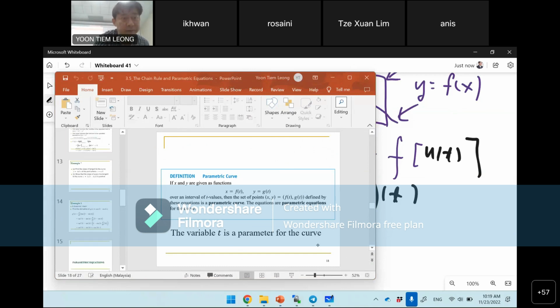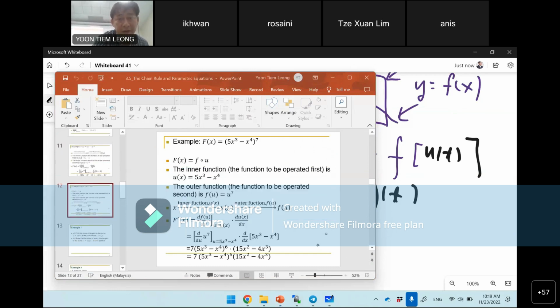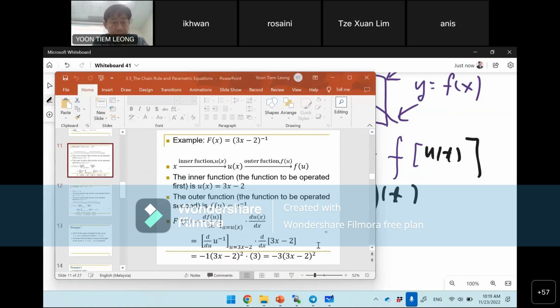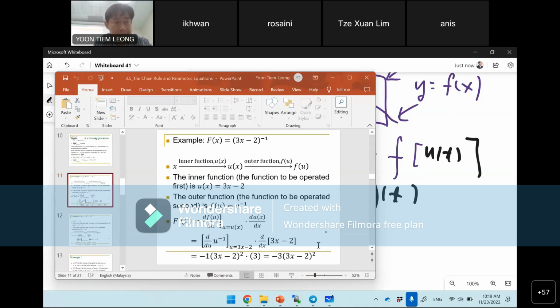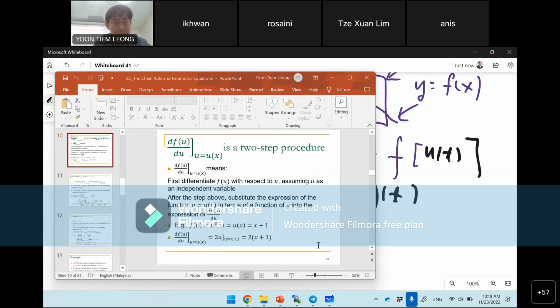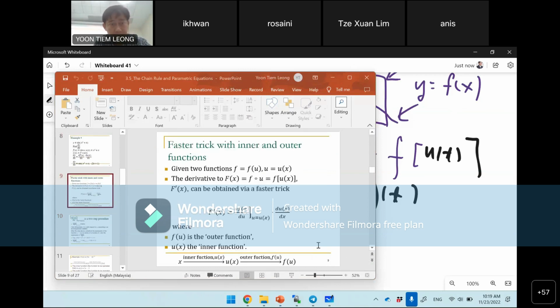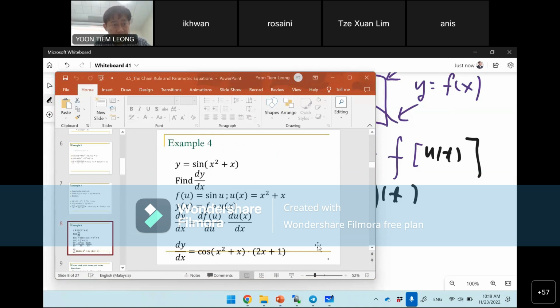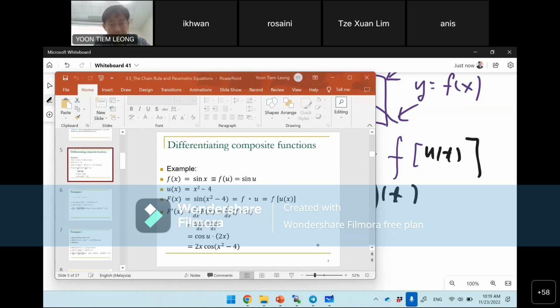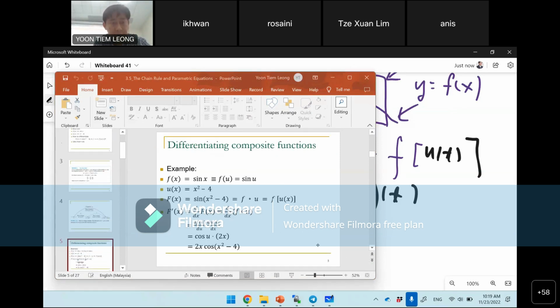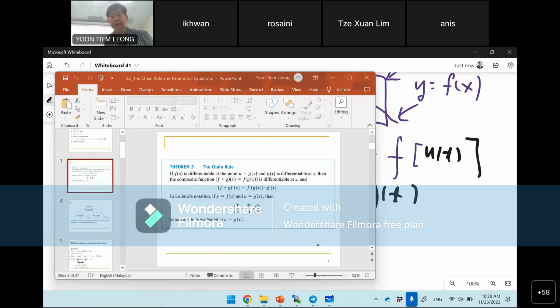The composite function says if you have a function of a function, like this one, let me try to dig out the formula for the composite functions. Okay, so this is the formula for the composite function.